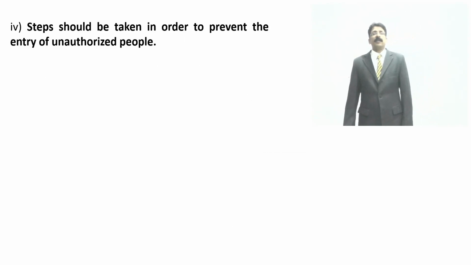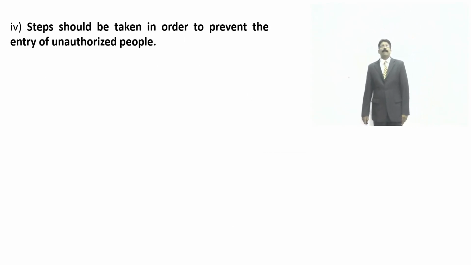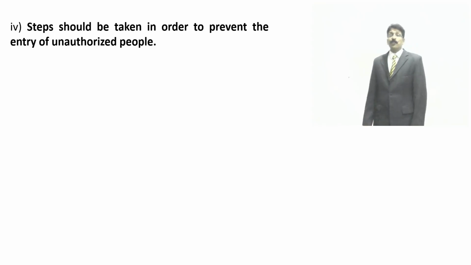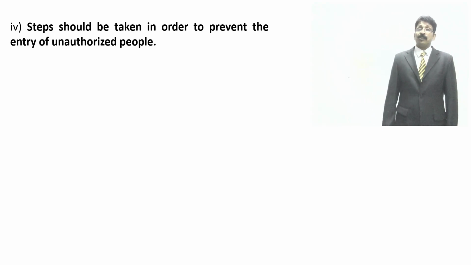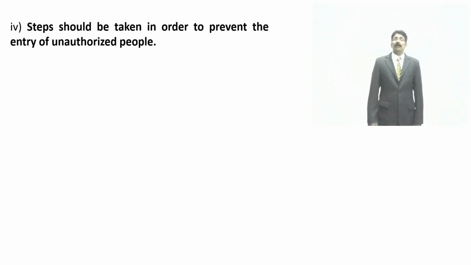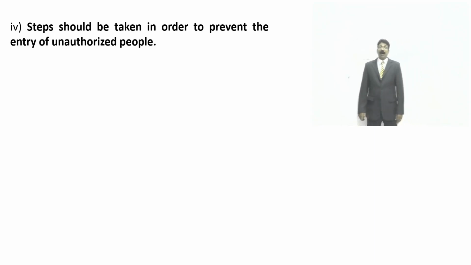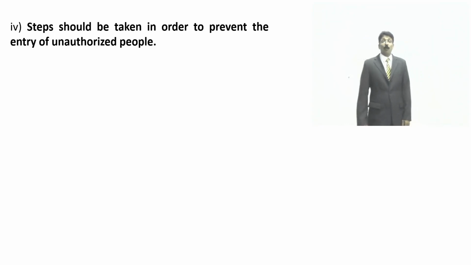Steps should be taken to prevent the entry of unauthorized people. Unauthorized people should be avoided, and visitors should get an ID card, and they should follow the instructions given by security on how to maintain good manufacturing practice on their entry.